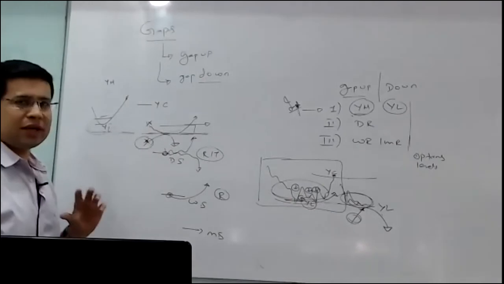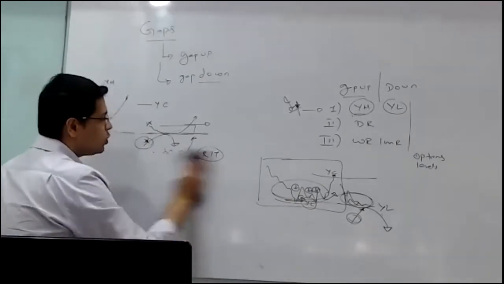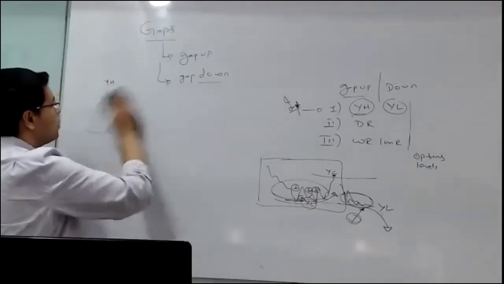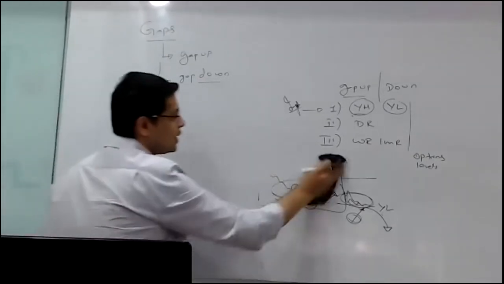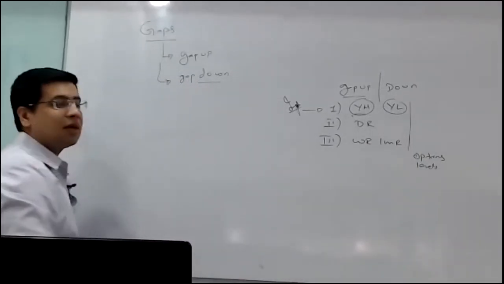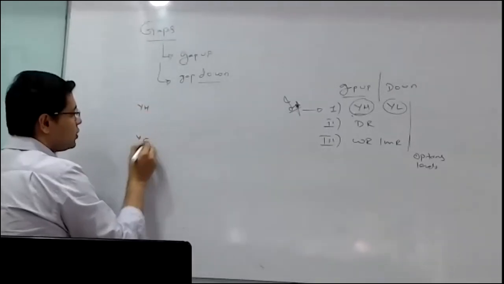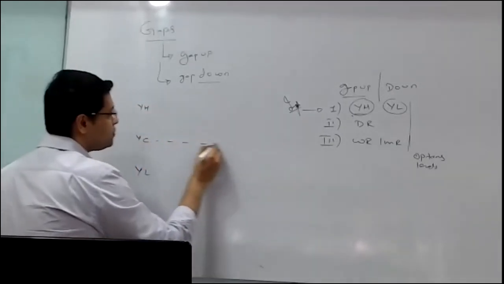So in a simple sense, if I want to make a summary of this, it's very simple. You should go out and look for yesterday's high and low. One should plot yesterday's high, yesterday's close, yesterday's low.